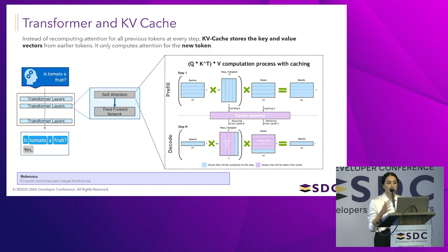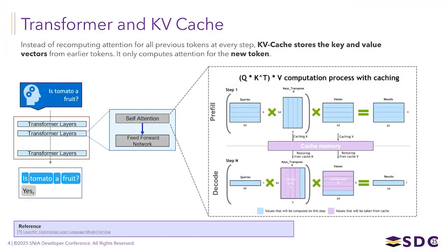I'm not going to go into details, but you have three vectors, Q, K, and V, and your model computes the dot product of the query vector of the current token with the key vectors of all the previous tokens. This way we can tell how much the current token should pay attention to the previous tokens. Then you calculate the attention score, and this score is used to weight the corresponding value V vectors of the previous tokens.